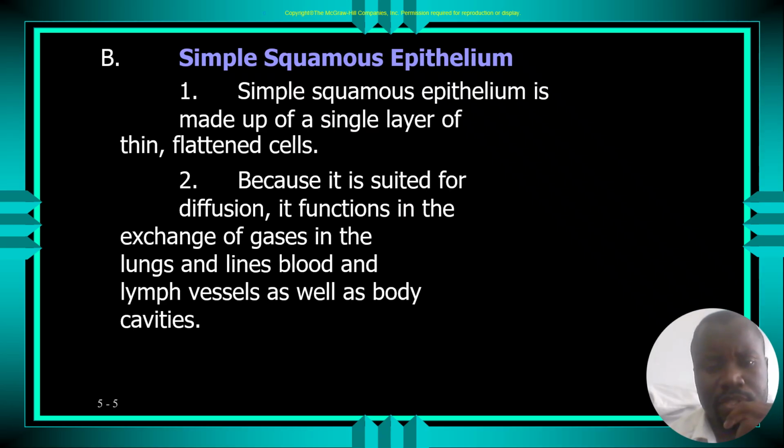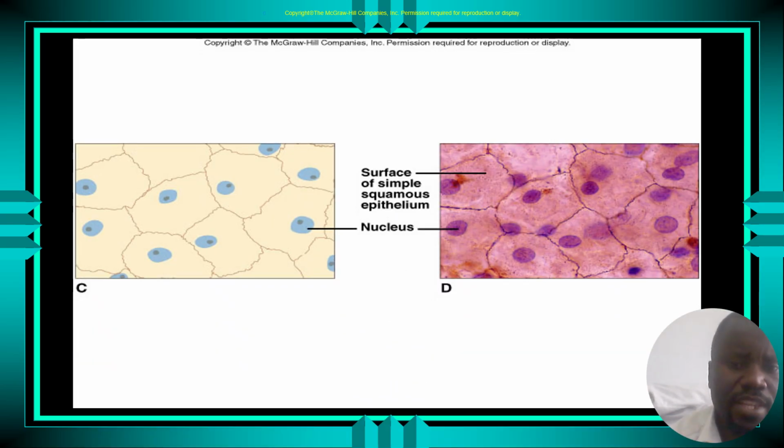So we are talking about the lymph vessels, the alveoli in the lungs, and capillaries where nutrients and gases are exchanged. So this is an illustration of the same. You can see the paved, flat cells that make up simple squamous epithelium.